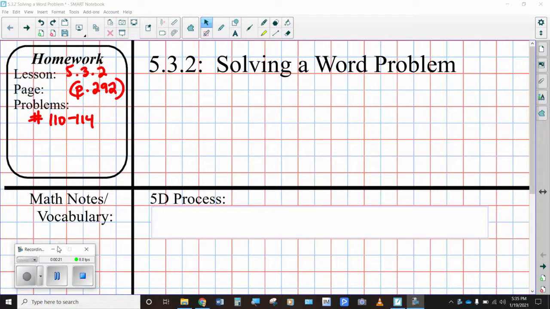The 5D process is not specifically exclusive to CPM, but CPM is the program that created the name 5D, and you'll see why they call it that in a second. The 5D process is just a strategic way for you to read through, analyze, pull the essential information out of, and solve a word problem.